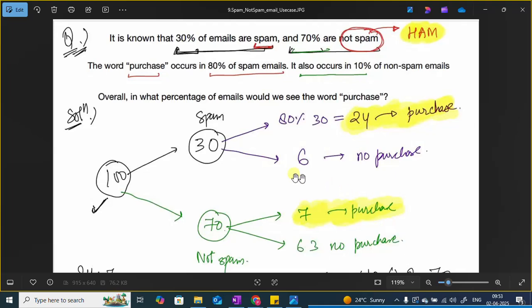Now, if you calculate overall what percentage of emails contain the word purchase: here 24, here 7. 24 plus 7 is how much? 31. 31 emails contain the word purchase. Out of what? Out of 100, because I'm asking what percentage, and percentage is always calculated on the base of 100.